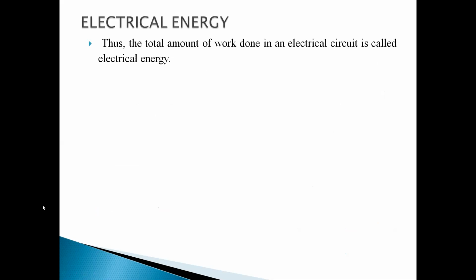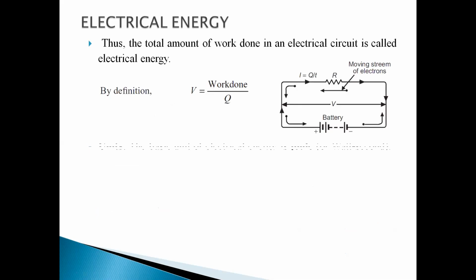Now, what is electrical energy? To do any specific task, we require energy. If we talk about electrical energy, the total amount of work done in an electrical circuit is called electrical energy.